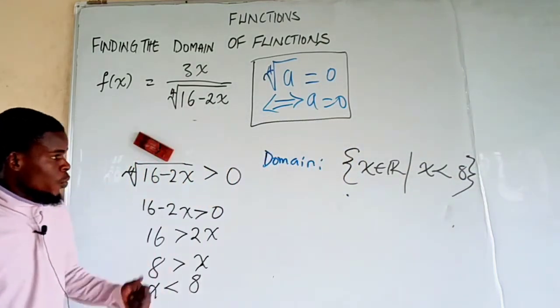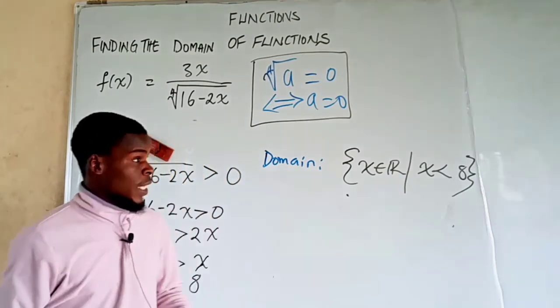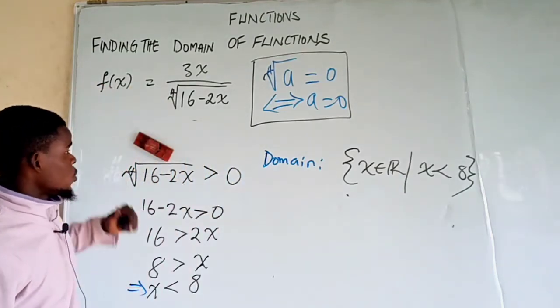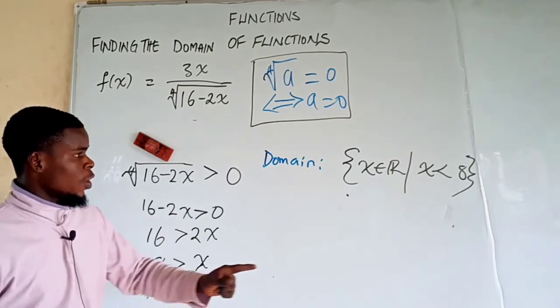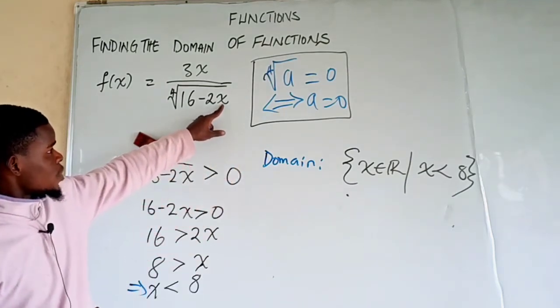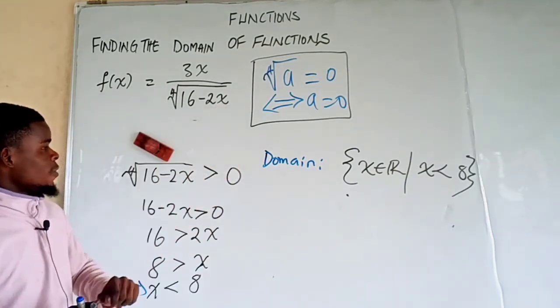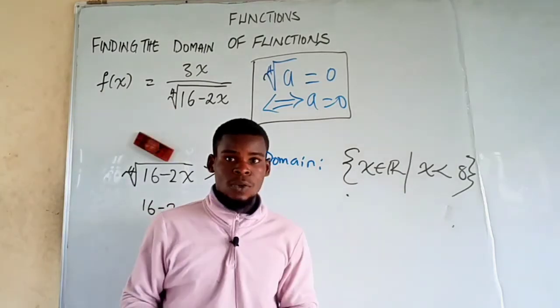So whenever we put in a real number that is less than 8, then we can get the output of this function to also be a real number. But what happens if we plug in a number that is either 8 or bigger than 8? This denominator will either be 0 or bigger than 0. And in fact, this function will be undefined for any real number bigger than or equal to 8.